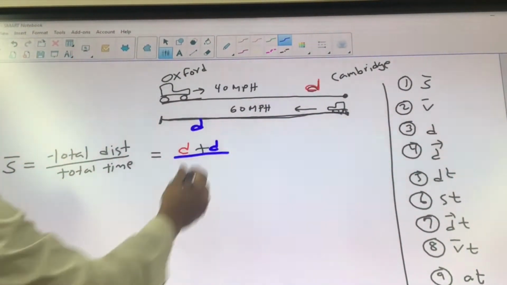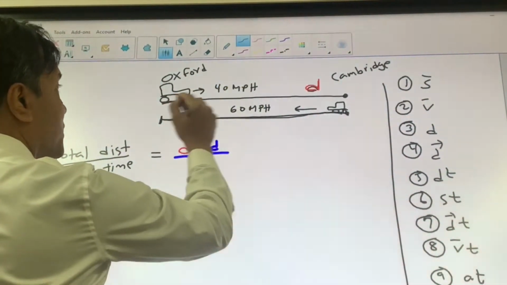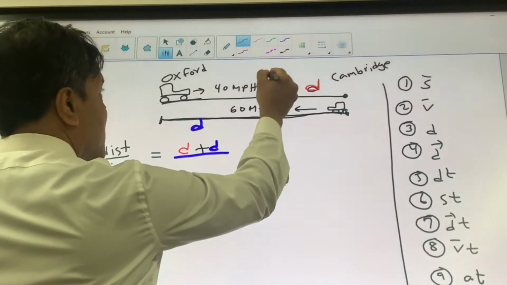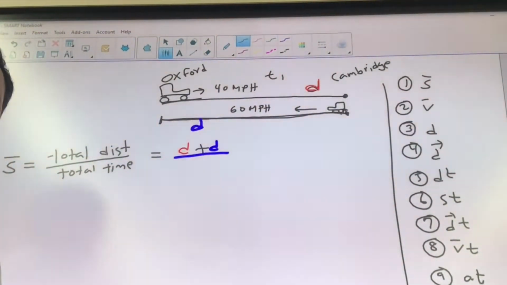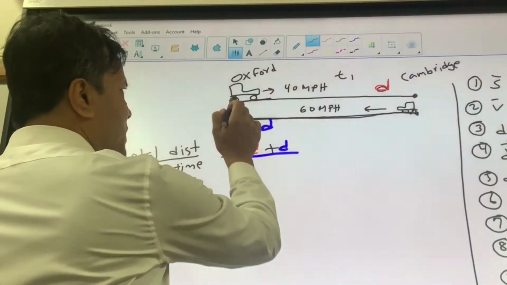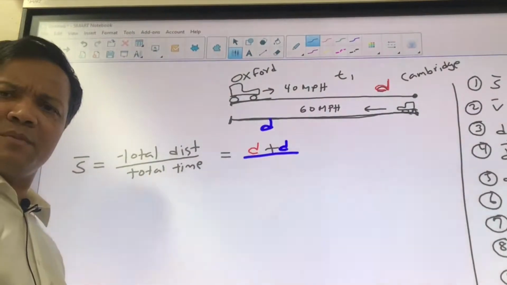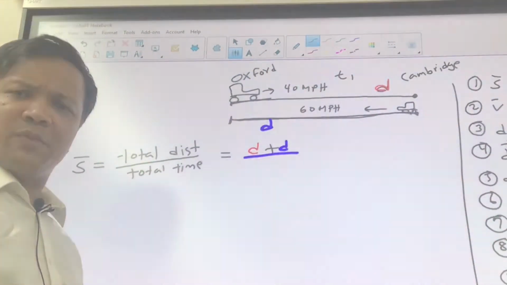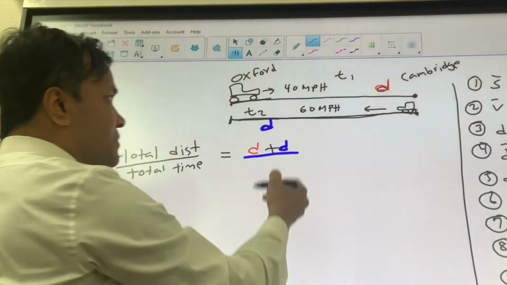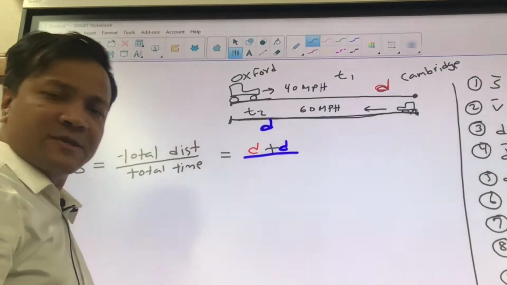So we can call the time from Oxford to Cambridge t1, and the time from Cambridge to Oxford t2. The times are not going to be the same, because in trip number one you move from Oxford to Cambridge at 40 miles per hour. That's going to take much more time than t2, because in t2 you move faster.